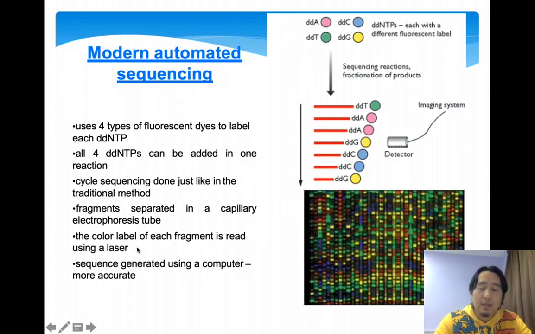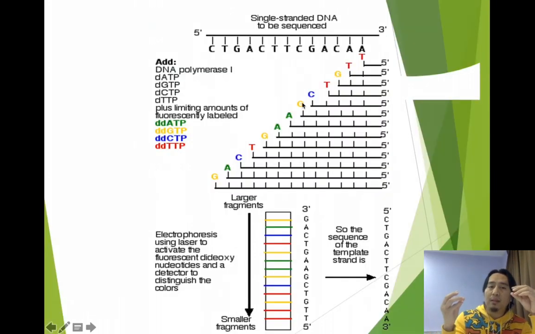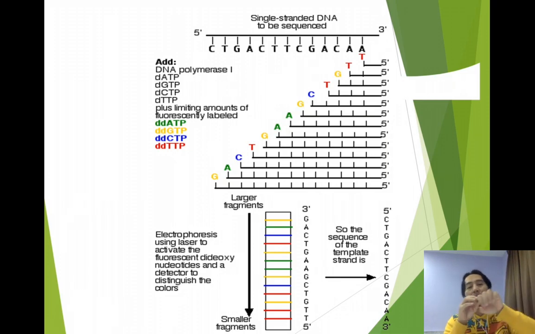The fragment is read using a laser, where the laser will bombard the ddNTP, and the color will be read by a detector. So it's basically a color-based sequence. So instead of reading T T G T T A C G G, it gives you a color: yellow, green, blue, green, yellow, green, red, so on and so forth.